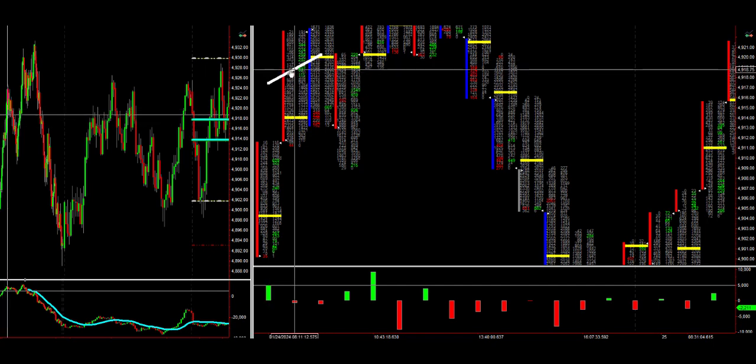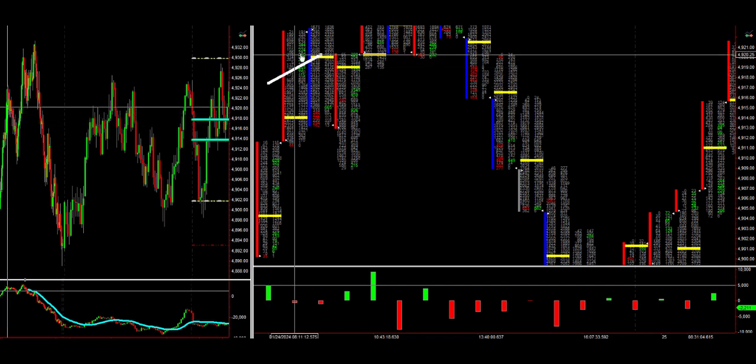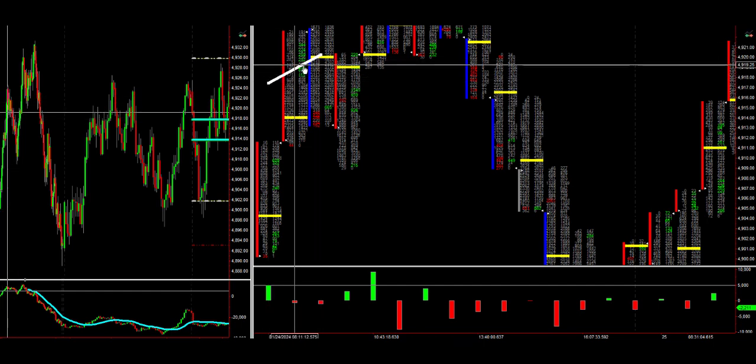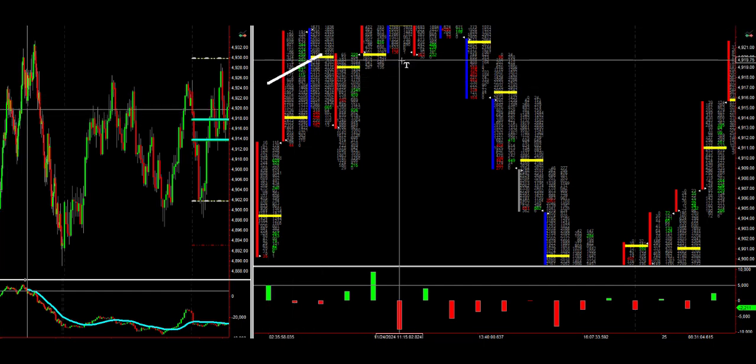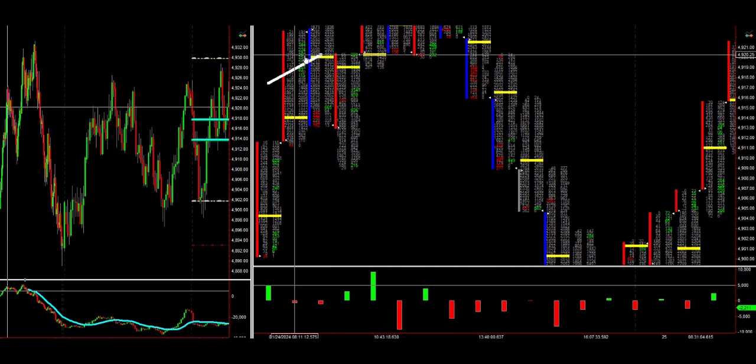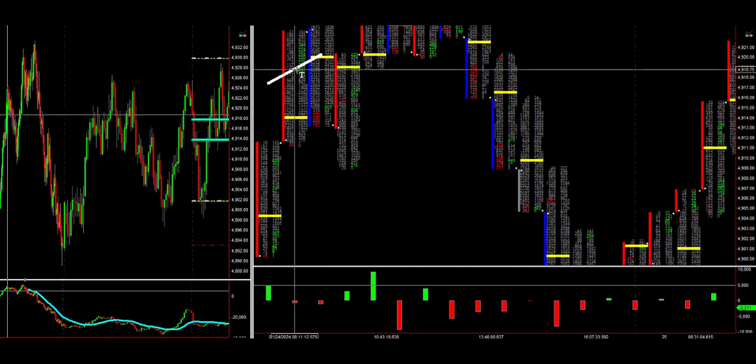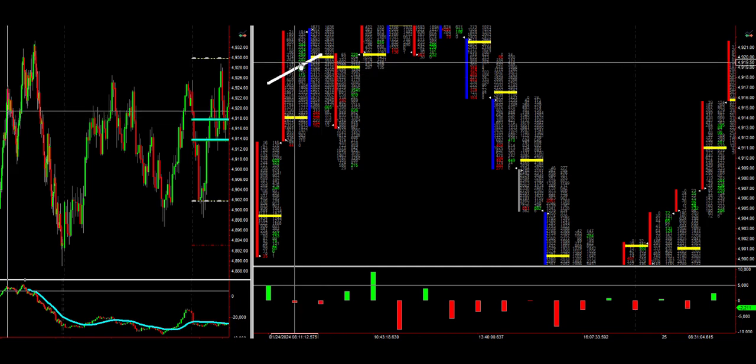So let's assume the price is right here. Somebody has to move in one direction or the other to make the market go what we call imbalanced, or in other words, market goes in a trend mode.